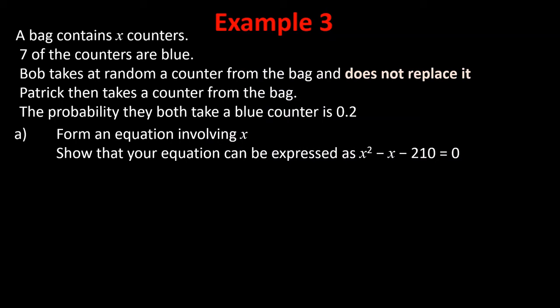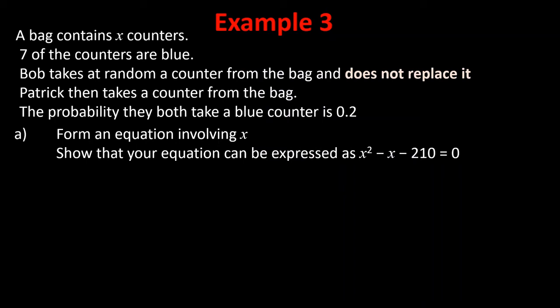Part A, form an equation involving X. My equation must have something to do with the probability of both taking a blue counter being equal to the 0.2 we're told above. Show that your equation can be expressed as x squared minus x minus 210 equals 0. Now, this equation doesn't look at all like something equals 0.2, but this is the final format I need my answer to be in.